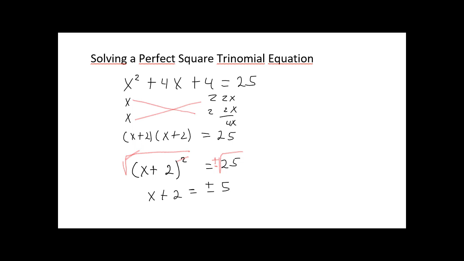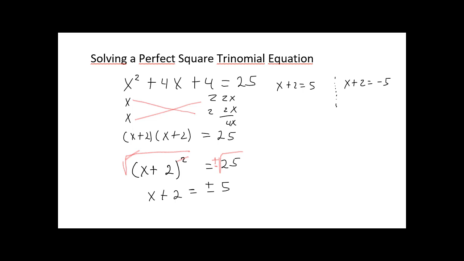How can I understand this? Well, I'm going to have two possible answers. One of them is going to be x plus 2 is equal to positive 5, and the other answer is x plus 2 is equal to negative 5.